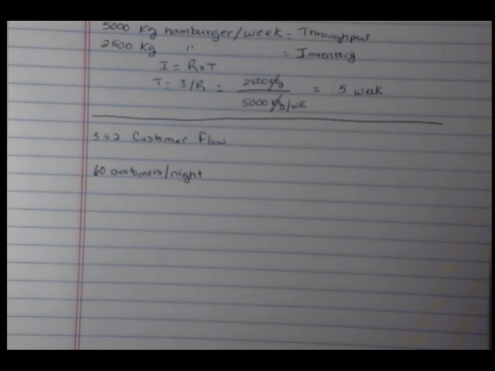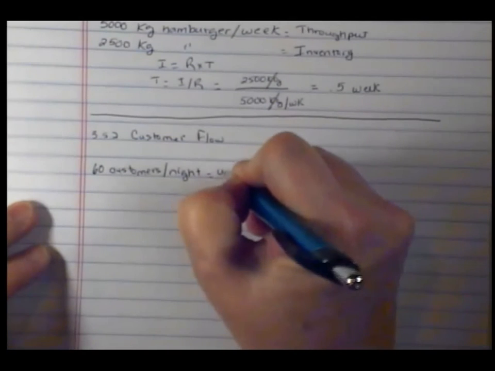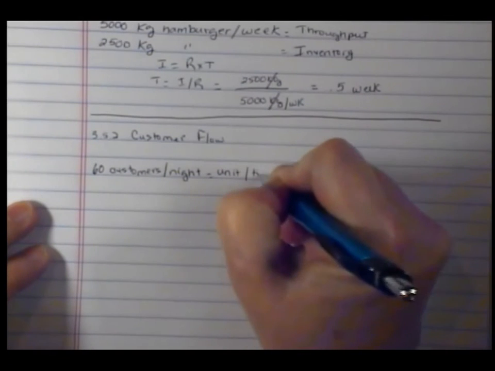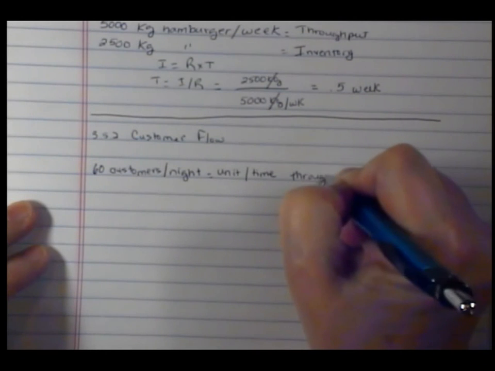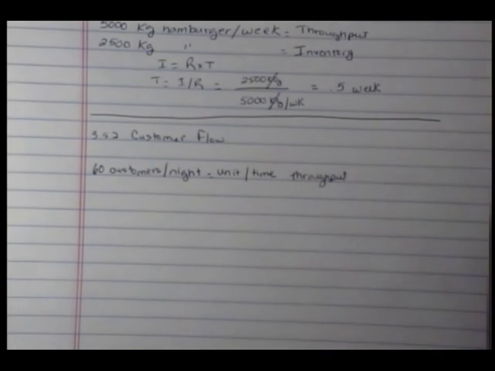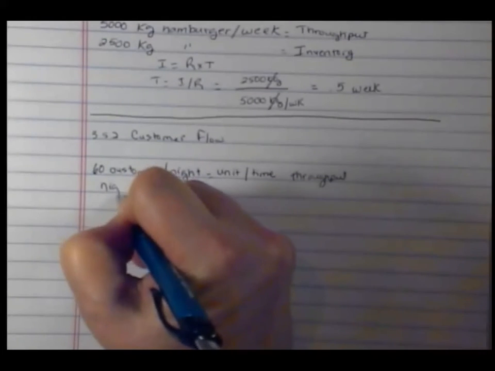Customers per night represents a unit per time, and therefore that's throughput. Okay, so Blake, it says a typical night is about 10 hours long, so that's just a note. A night is 10 hours.